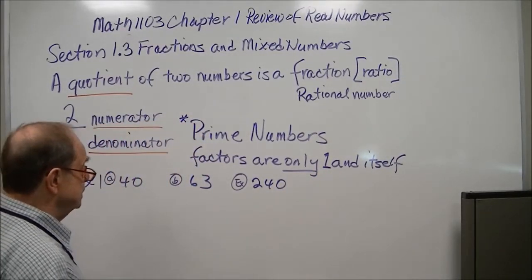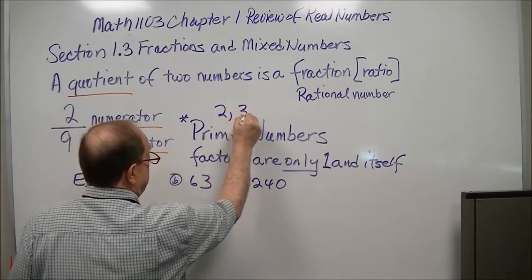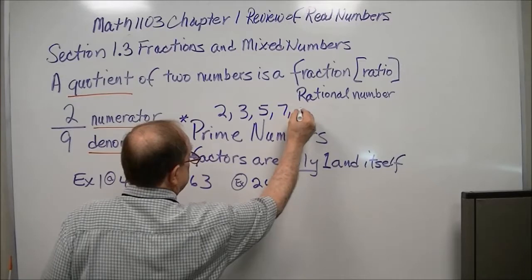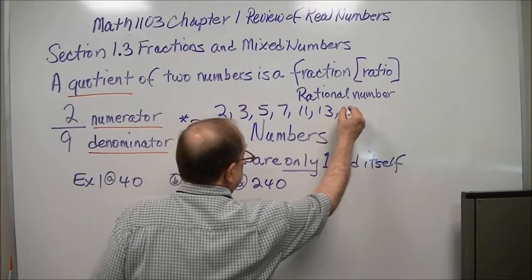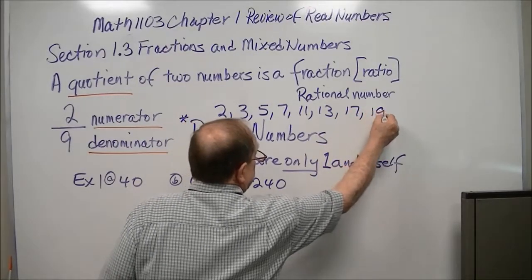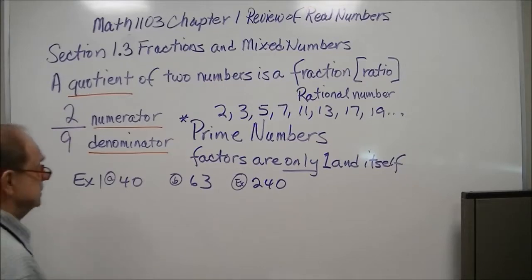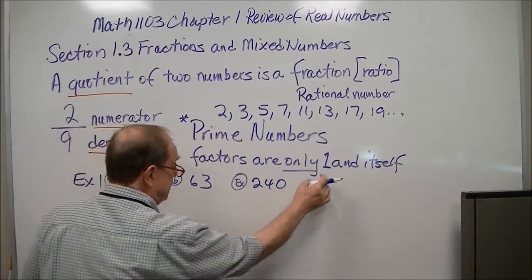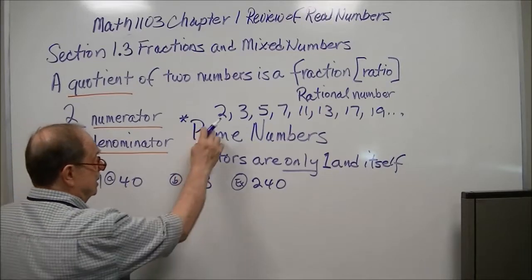So some of the prime numbers would be 2, 3, 5, 7, 11, 13, 17, 19, and there's more, of course. But these are prime numbers. That is, the only factors of the number are 1 and itself. And it can't be 1 and 1. So 1 is not a prime number. We start off with 2.